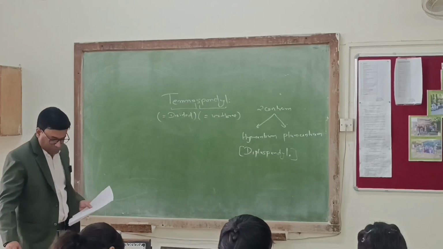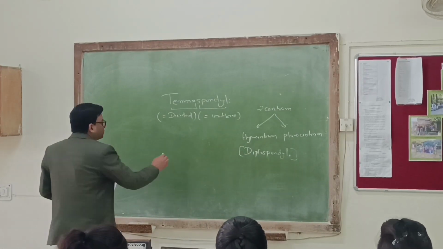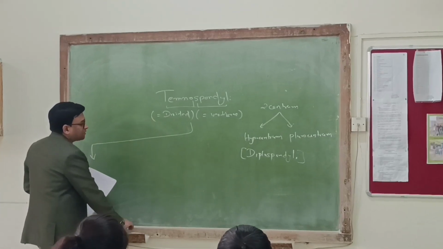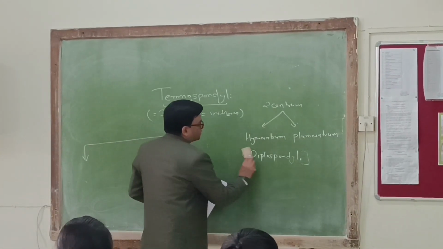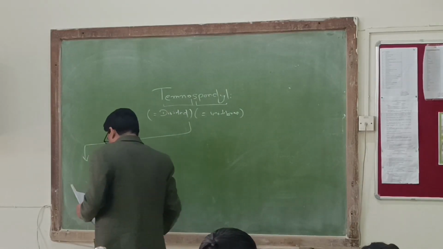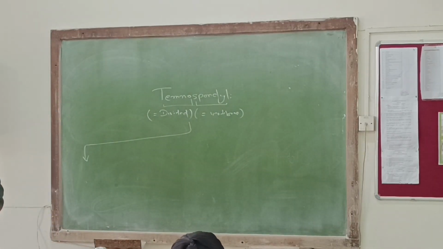And this Temnospondyli is divided into suborders. There are three suborders: the Rhachitomi, the Stereospondyli, and the Embolomeri.